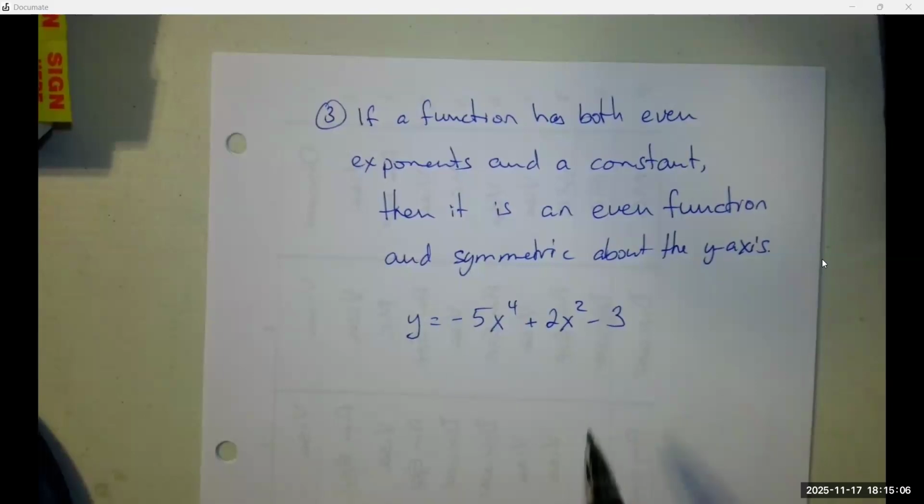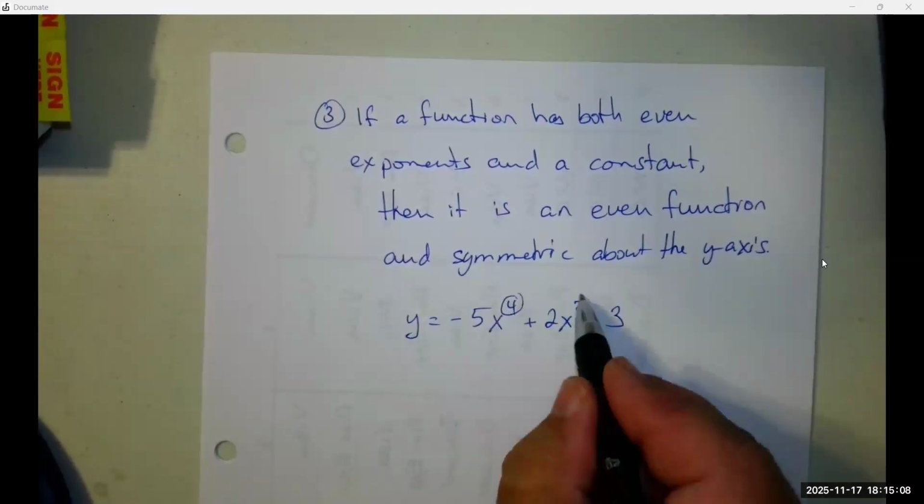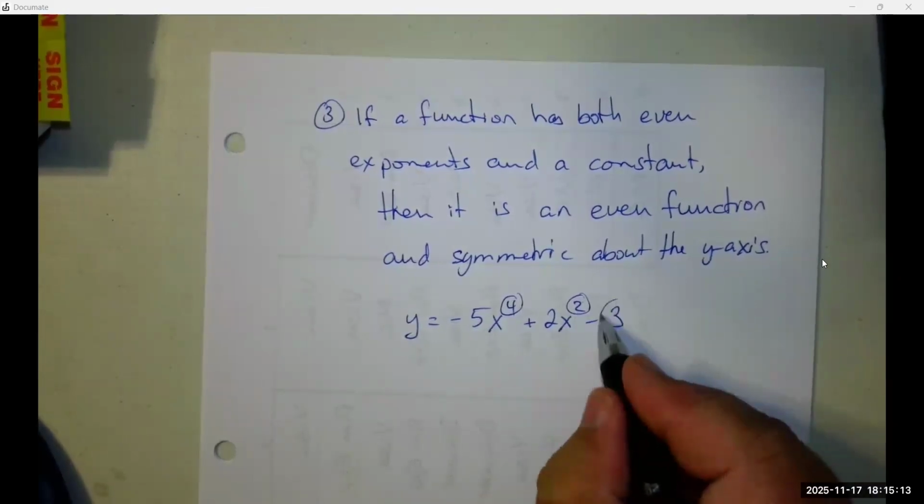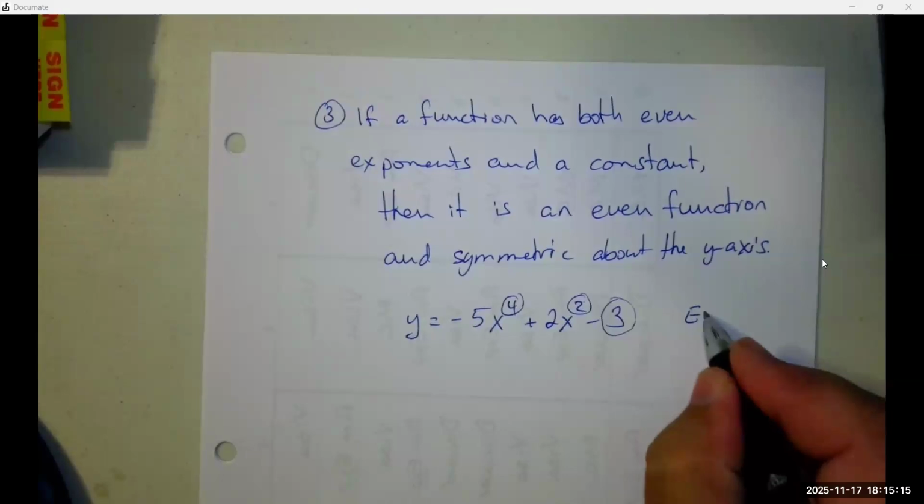So we see this example, since all the x powers are even, and we have a constant, this is an even function.